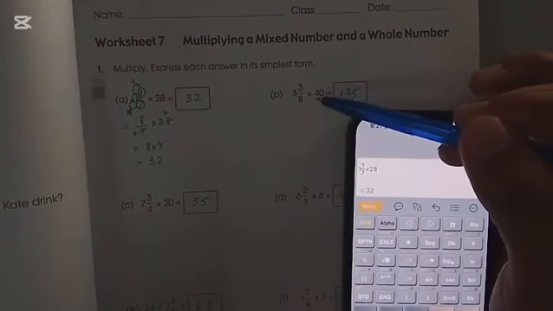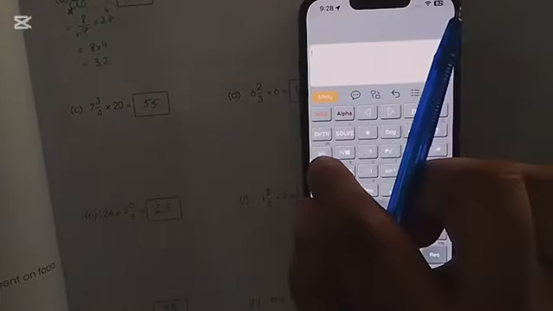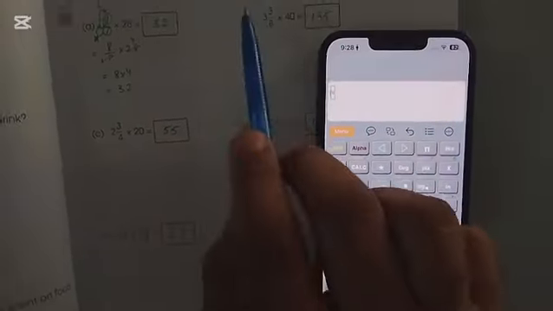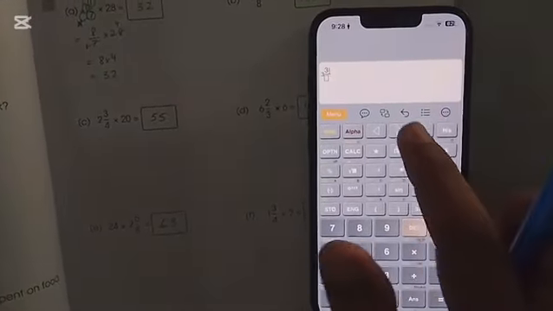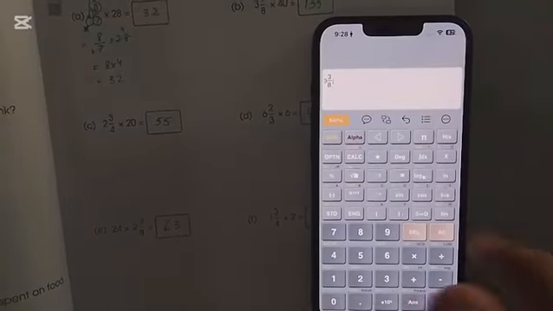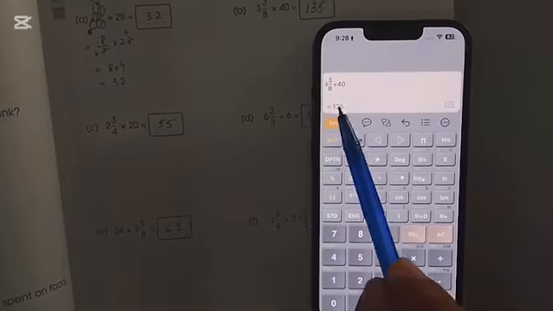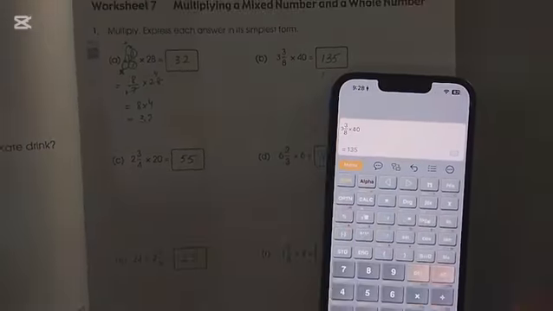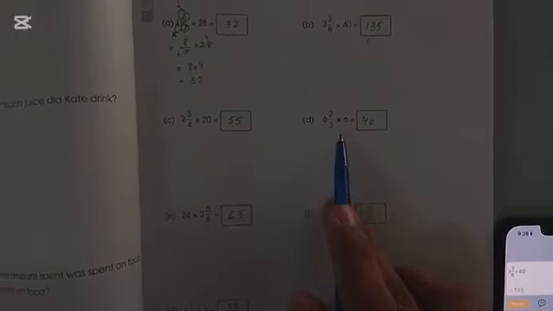Next part is 3 and 3 over 8 multiply 40. Now we will use the calculator in a similar way. Press shift and the fraction button. Now we write this mixed number: 3, then the numerator 3 and the denominator 8. Then we go next, multiply 40, click equals, and you get your answer, 135. Similarly, you can solve all these parts using the calculator.